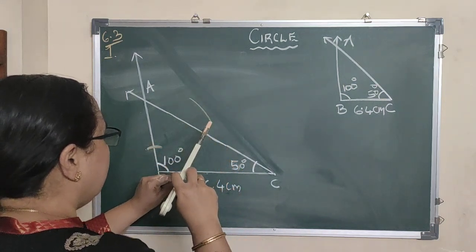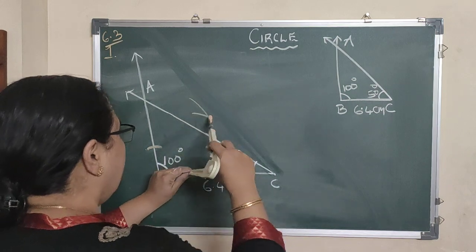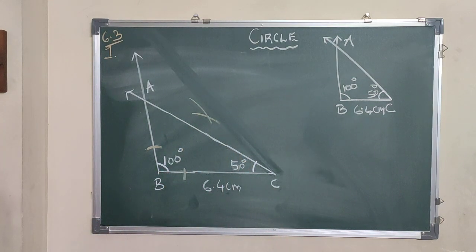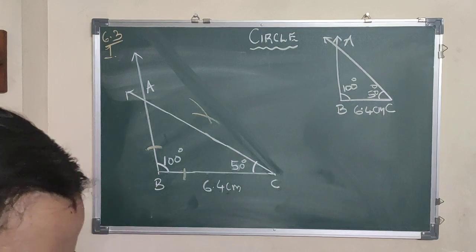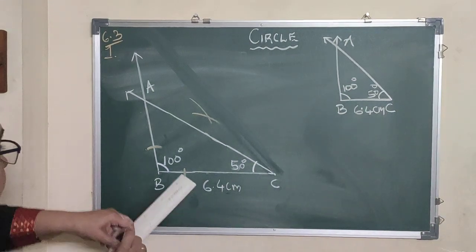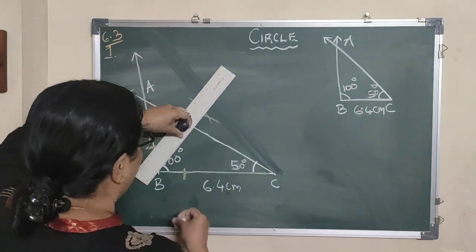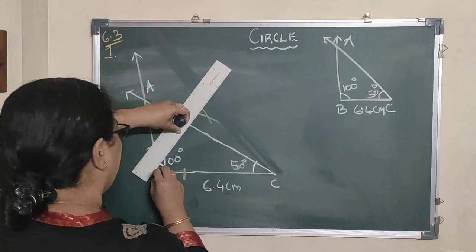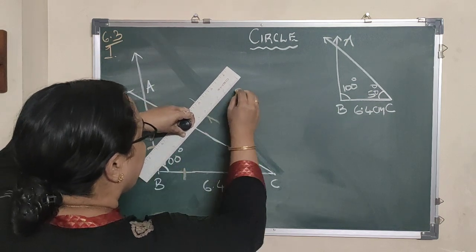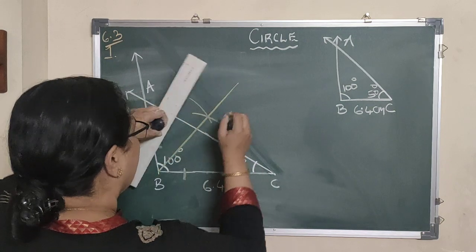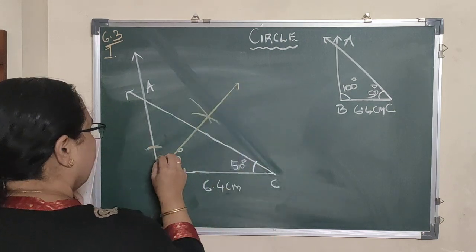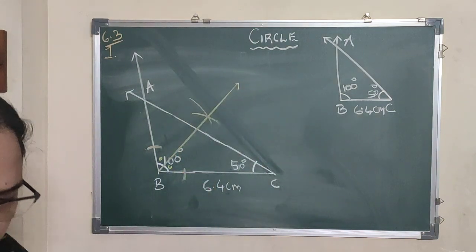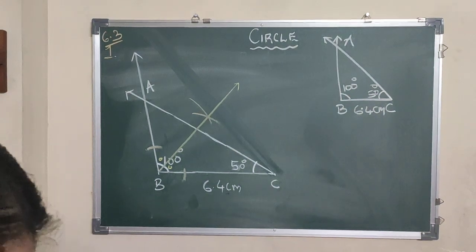Don't change the distance in the compass, and cut the arc that is drawn. Complete this part first, then go for the other angle. So I have my angle bisector here, correct.